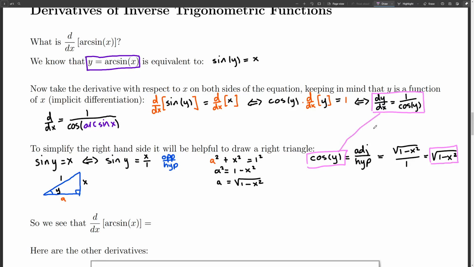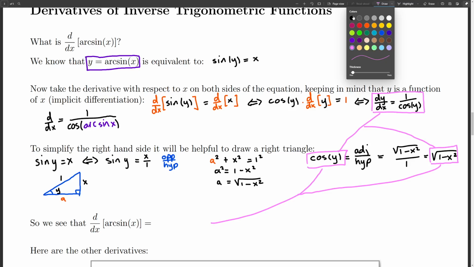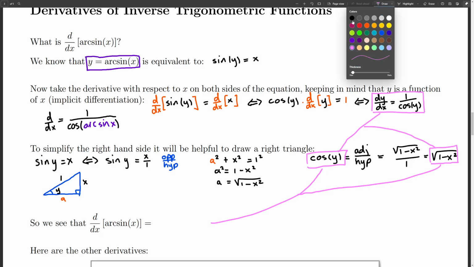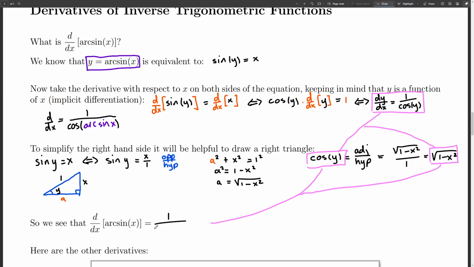So if I take those two things and put them together, right here, I actually see that the derivative of the arcsine is 1 over the square root of 1 minus x squared. That's the derivative of the arcsine.